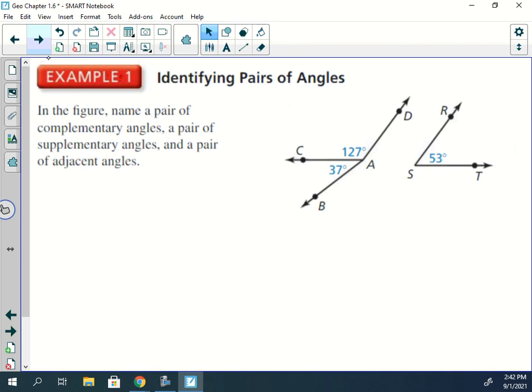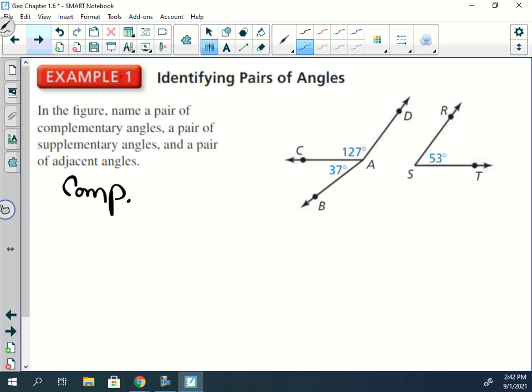Let's look at the next part. In the figure, name a pair of complementary angles, supplementary angles, and adjacent angles. Can someone give me a pair of complementary angles? Complementary adds up to 90.